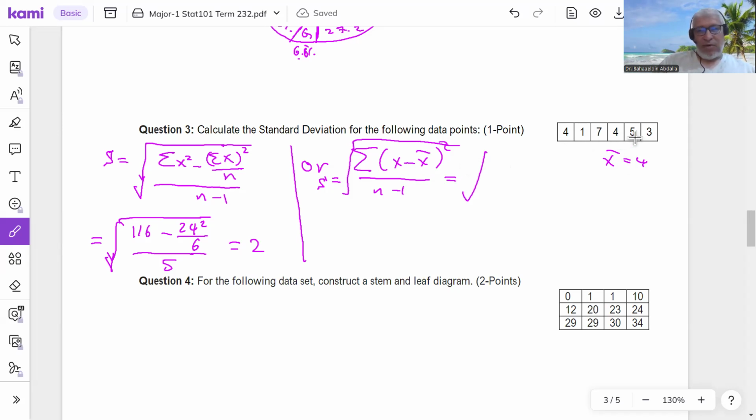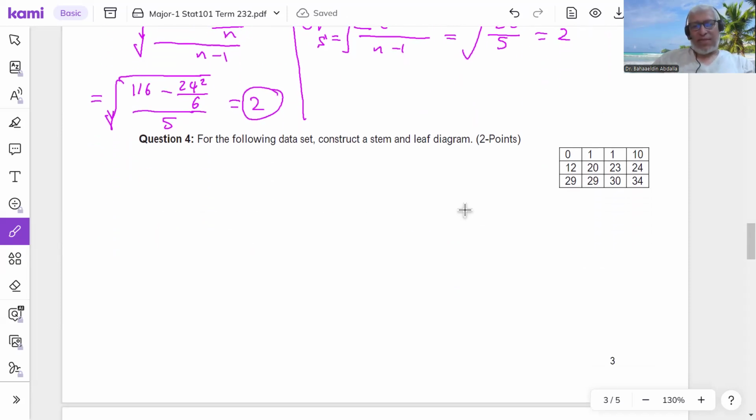And 5 minus 4 squared, that's 1. 3 minus 4 squared, that's 1. 4 minus 4 squared, that's 1. So you will have 9 plus 9 plus 1, that's 20. N minus 1 is 5. 20 over 5 is 4. And the square root is 2. So the answer is 2.